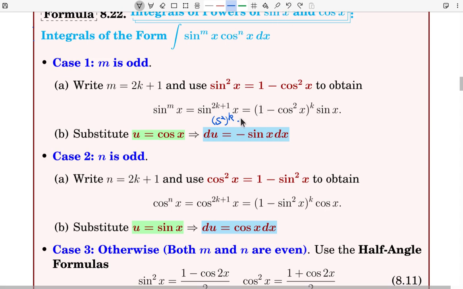Here, the sine squared is the same as 1 minus cosine squared, and we have this term and sine x.